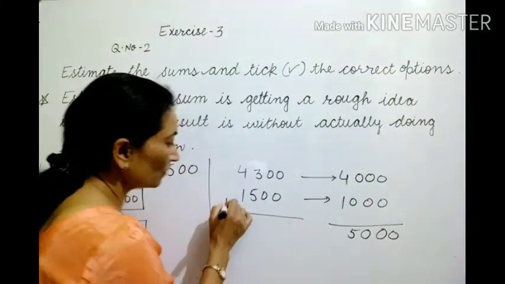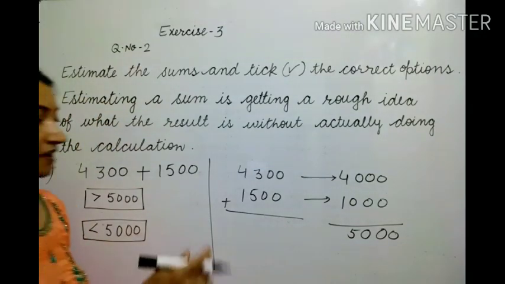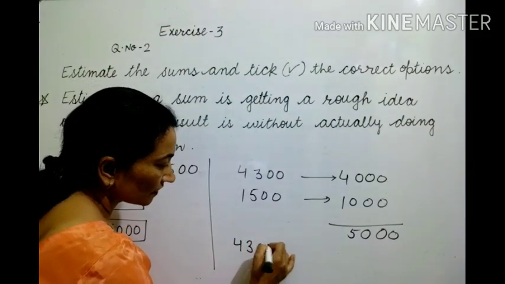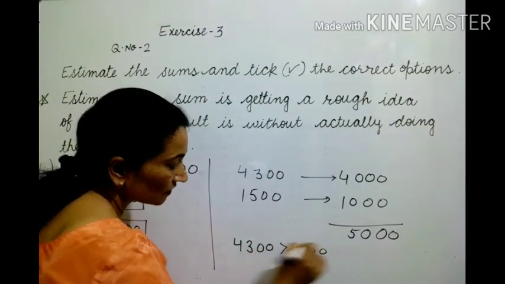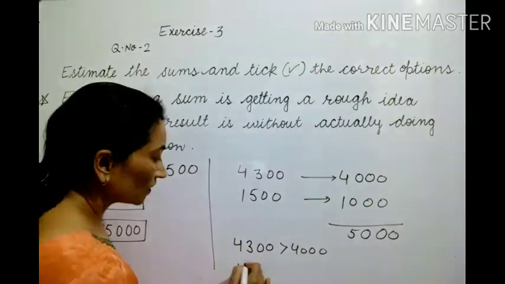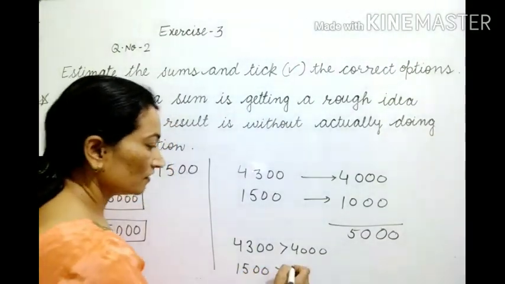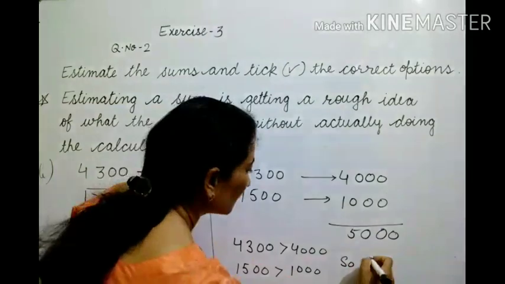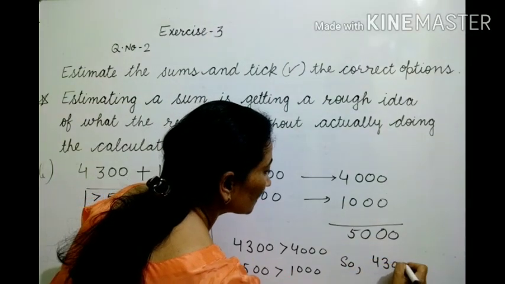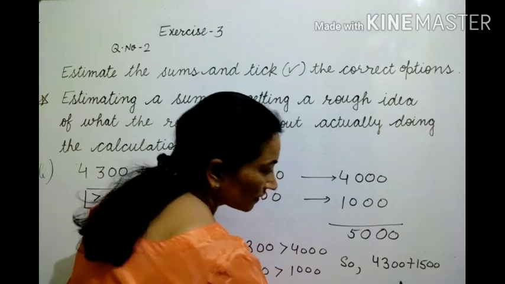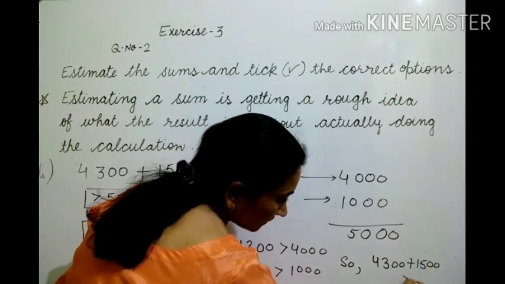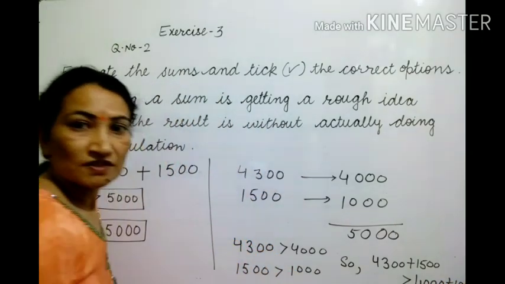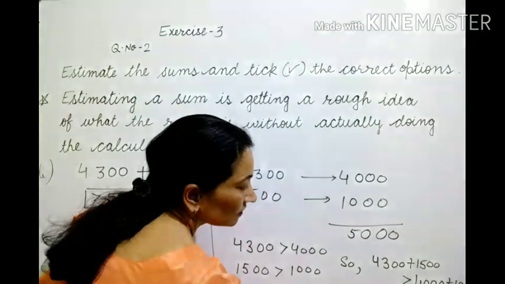This is a rough idea of our actual sum. Now, we do the actual sum. And in another way, we can do it without the actual sum. See, 4300 is greater than 4000 and 1500 is also greater than 1000. So their sum, 4300 plus 1500, is greater than 4000 plus 1000, which is 5000.